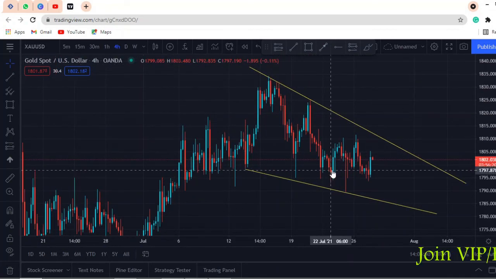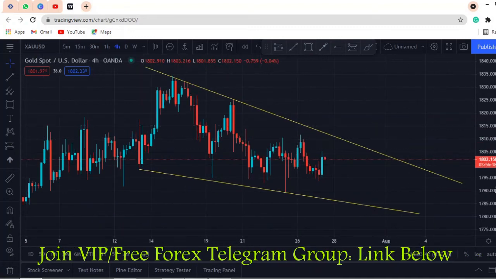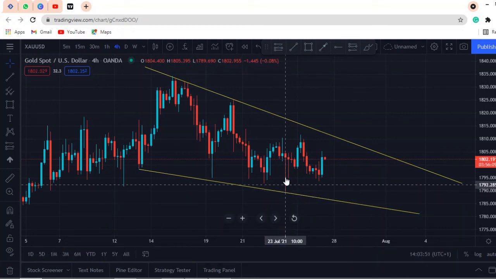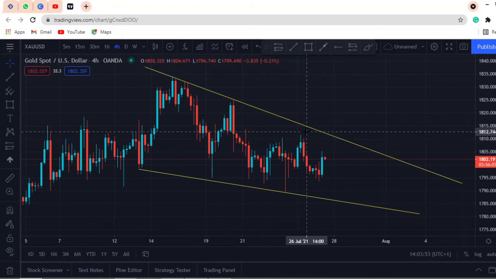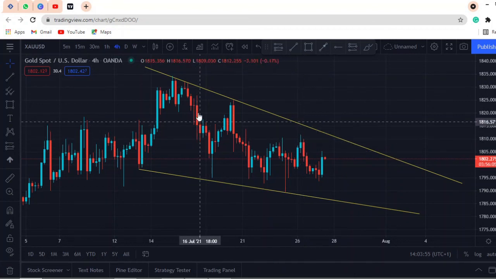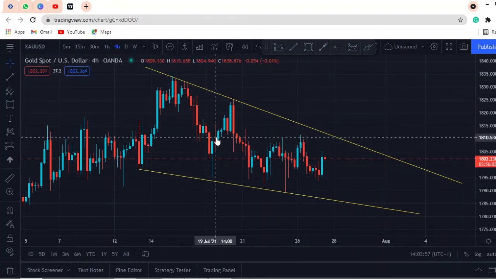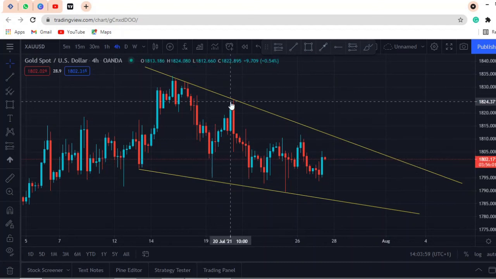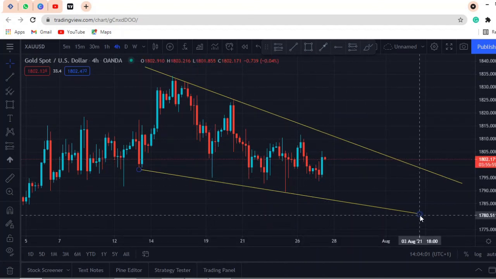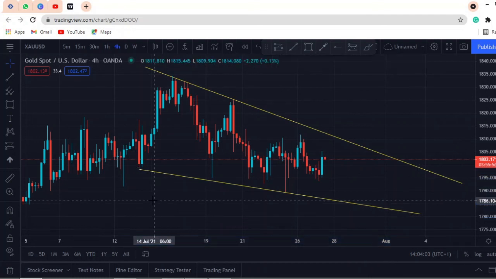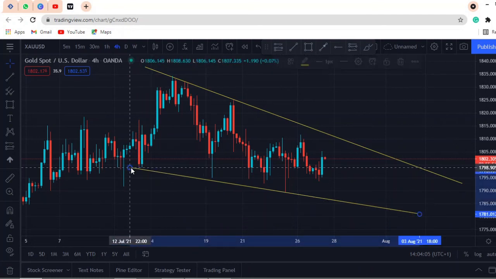So you can see here gold was buying. This is very interesting. Gold was buying, then when it reached here, it came all the way to this trend line, touched it, then went back and continued going up. And here also it came down all the way here, then went up. So I normally like targeting these trend lines.